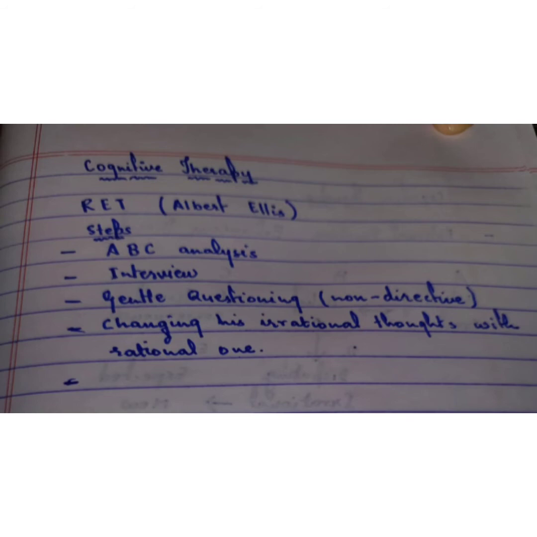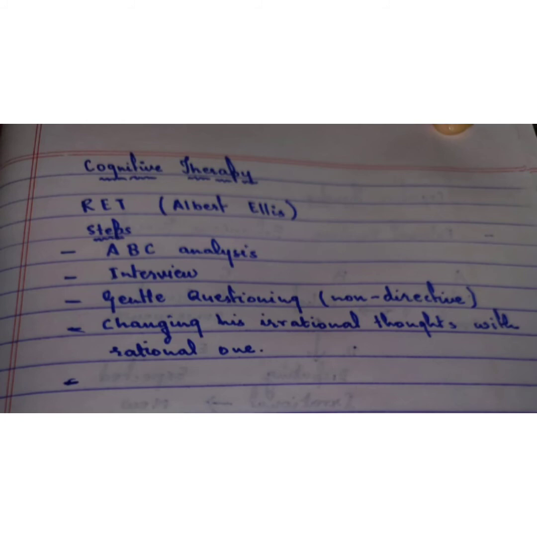In this, the first step is ABC analysis. A stands for antecedent event, B stands for the beliefs, and C stands for the cognitions which are maintaining this irrational belief, or you can also say C means consequences.